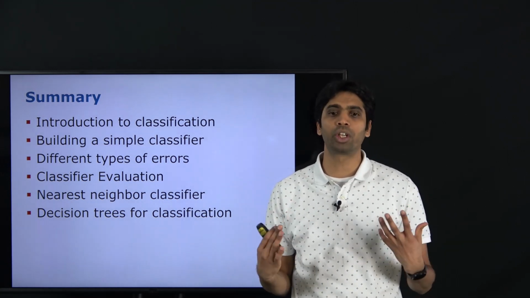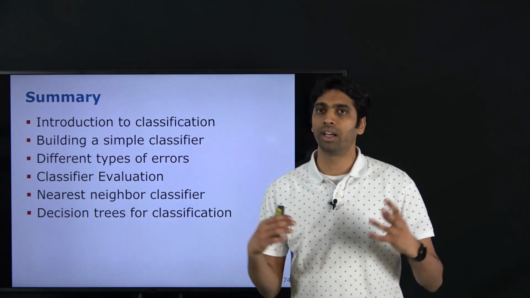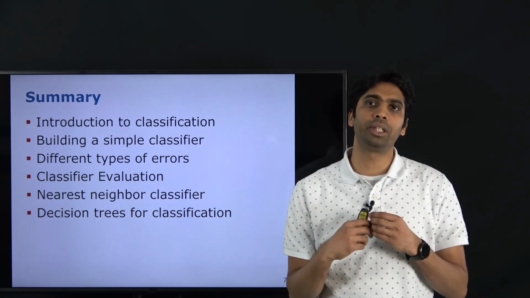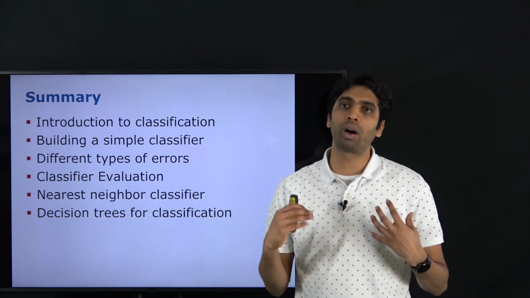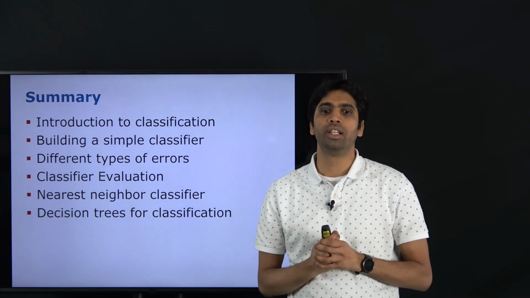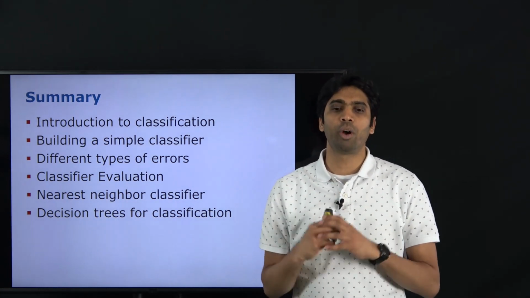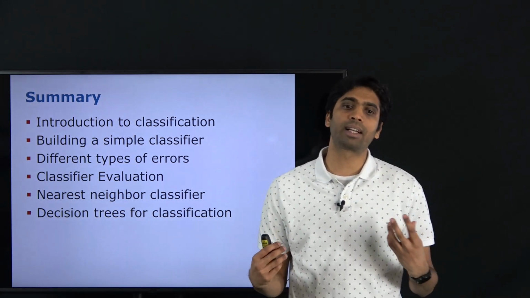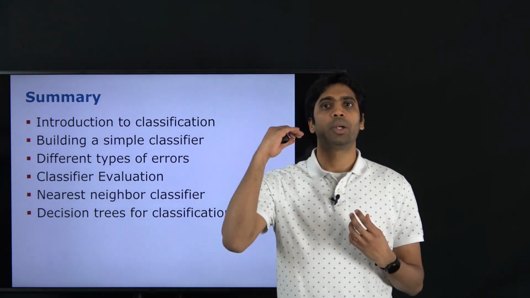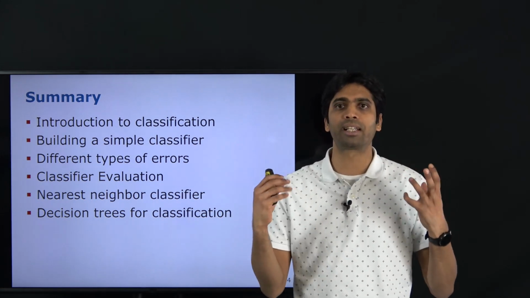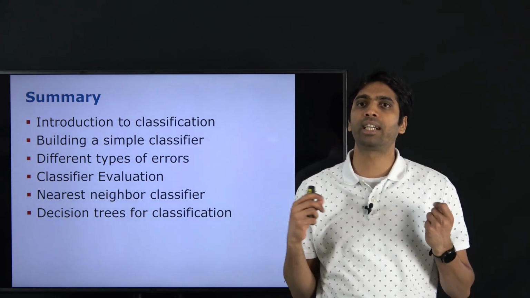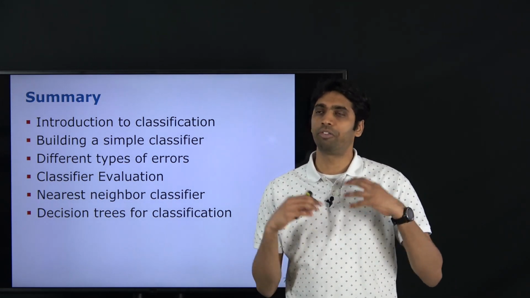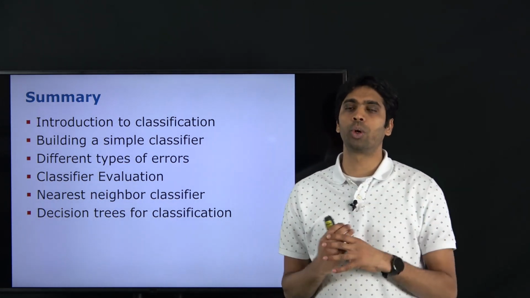In particular we focused on the supervised learning paradigm, where we have certain examples which are used to train the model used in the classification system. And then at the end we also saw two different classifiers, the nearest neighbor classifier and decision trees, which are quite simple classifiers but lead to really effective systems for classifying data coming from different sources.